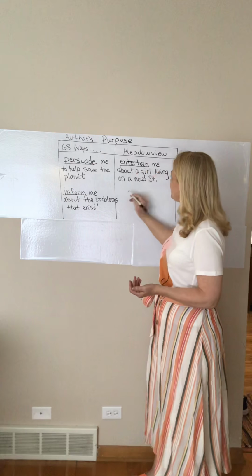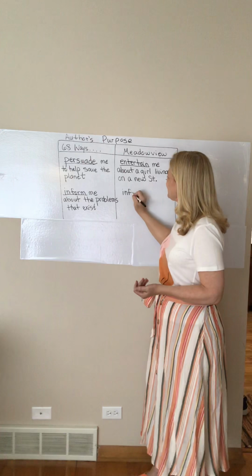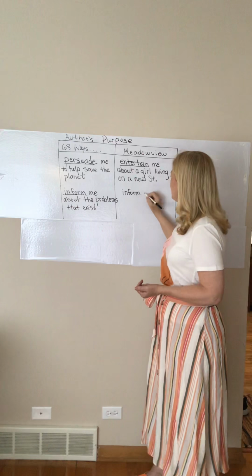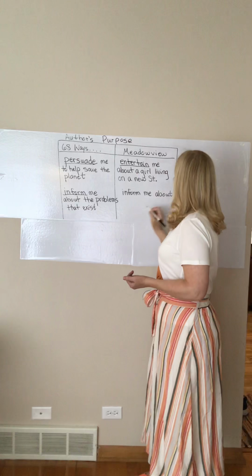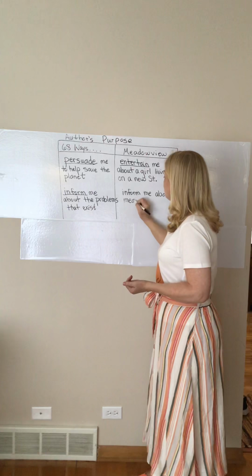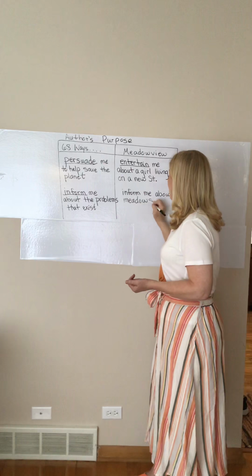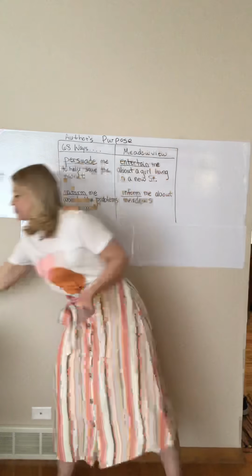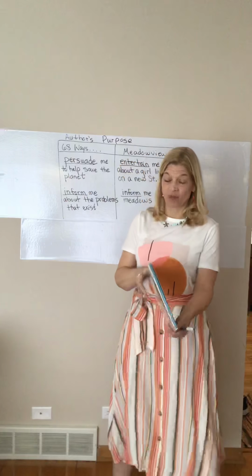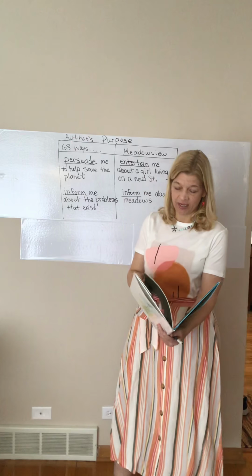So I like the entertain part, but I'm going to say that they were also inform me about meadows. I did learn quite a bit about meadows. Do you remember that page in the book where it shows all the different animals? I have to go back and look because remember this one doesn't have page numbers.